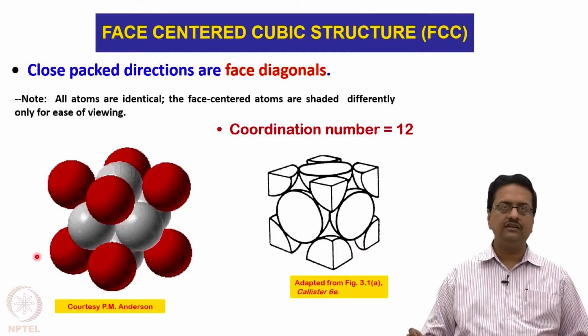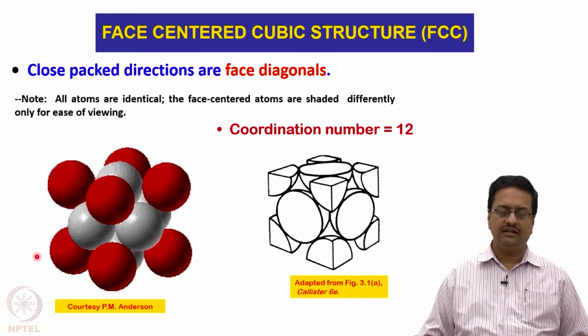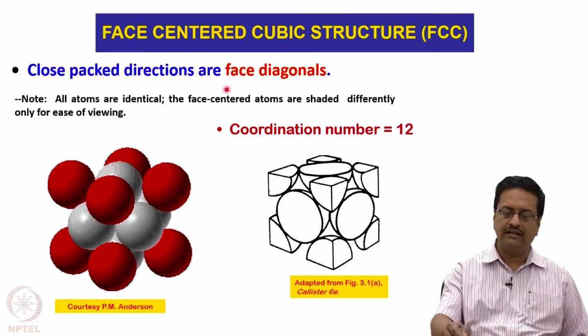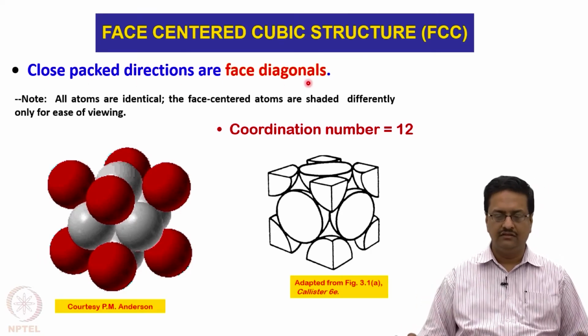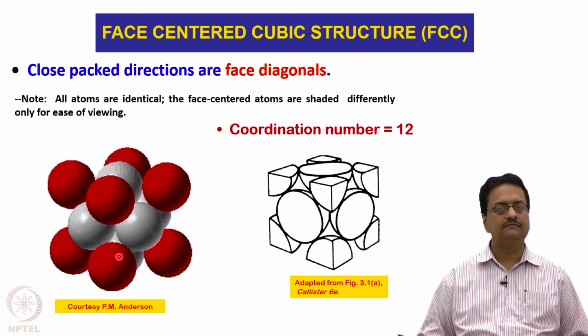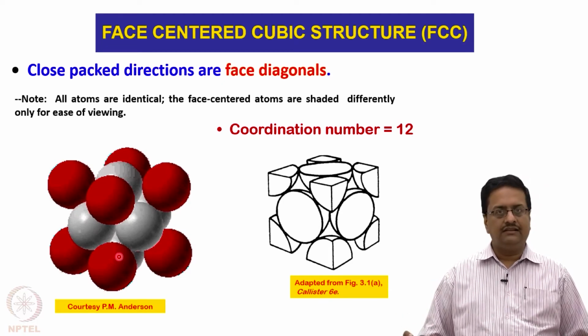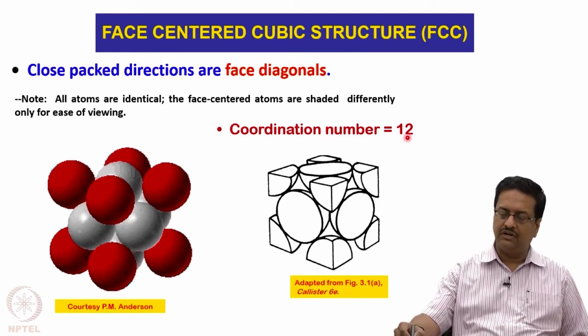So now let us see what happens when it is face-centered cubic lattice. In case of face-centered cubic lattice, the close pack direction is the face diagonal, which means along this face the atoms are connected to each other. So in case of face-centered lattice, the coordination number is 12.